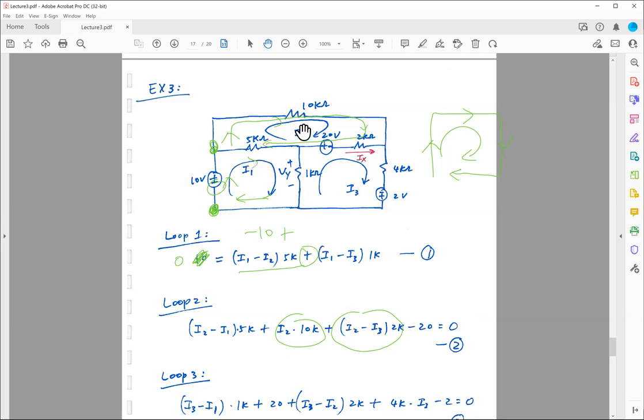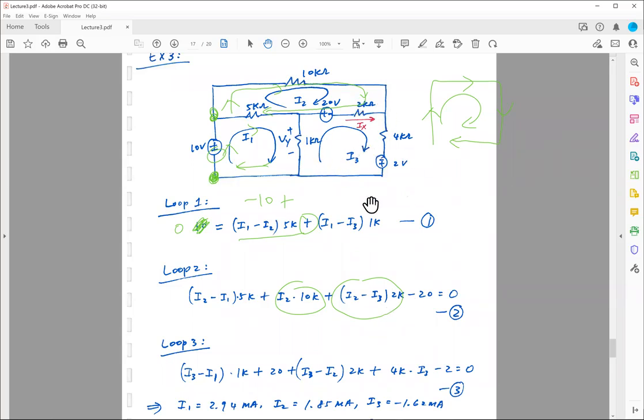So what do I have? I2 minus I1 times 5K, which is this term over here. I start from here, I go around the loop, I have 1, 2, 3, 4 elements, including this voltage source. So I have 4 terms. Summation using KVL to 0. Second equation.